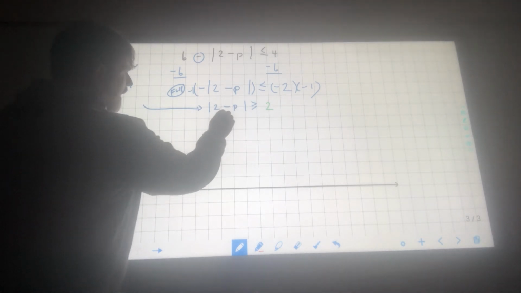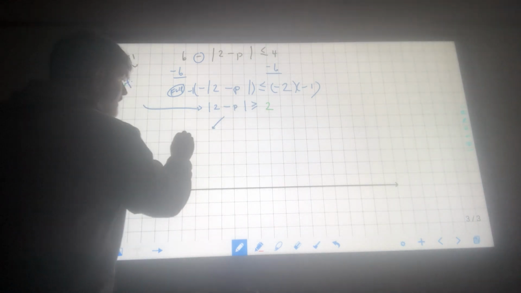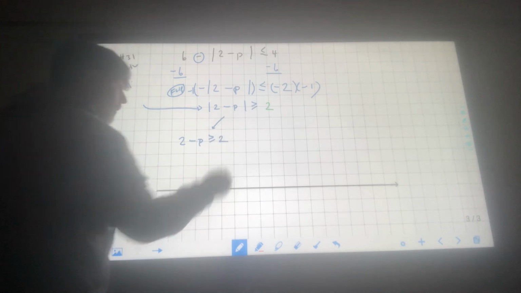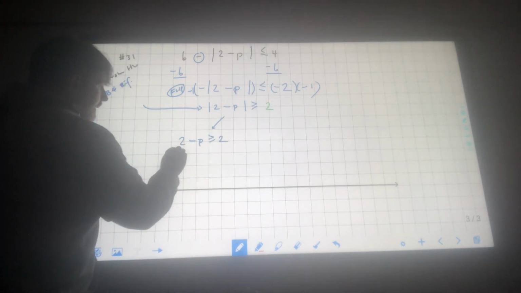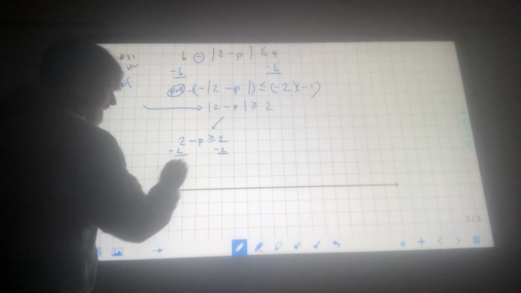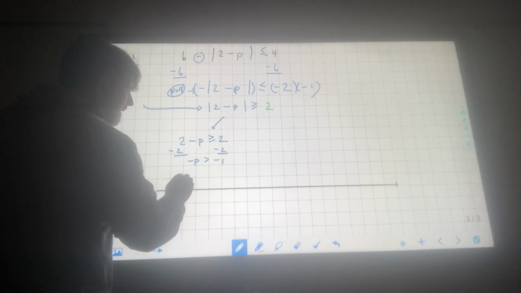So first time, 2 minus p is strictly greater than 2. Subtract 2 from both sides. Negative p is greater than negative 1... that's a 0, by the way.